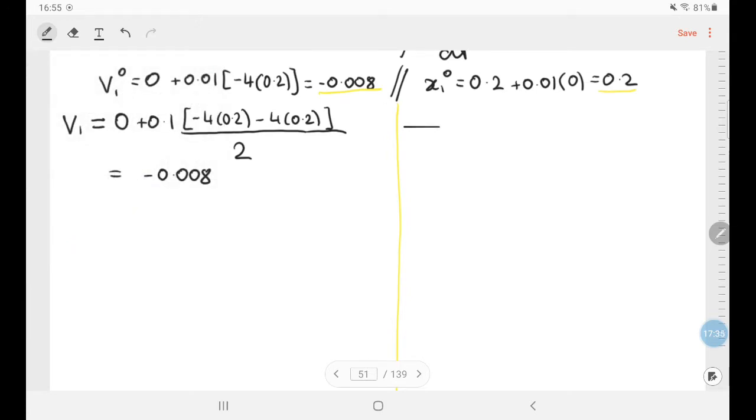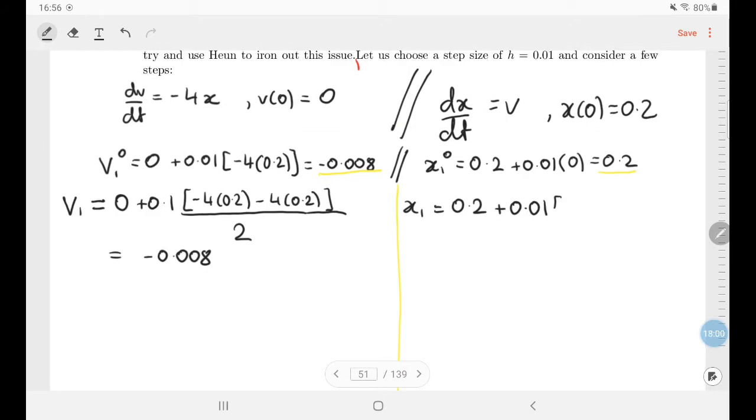Right, what about the x1 Heyn? As well, if you're keeping an eye on second derivatives, and one of the second derivatives is small, you could probably get away with doing Euler with one and Heyn with the other. We'll do Heyn with both. So x1 is the previous x value, which is 0.2, plus the step size 0.01, and now the average of the two slopes.